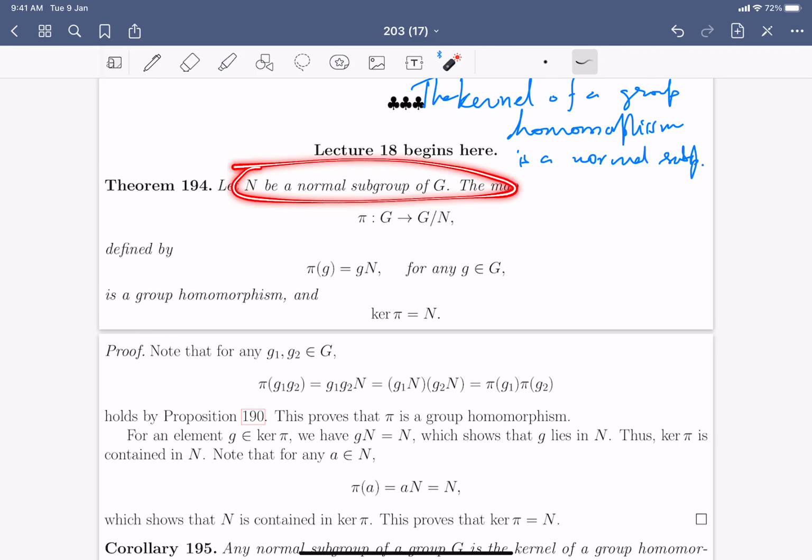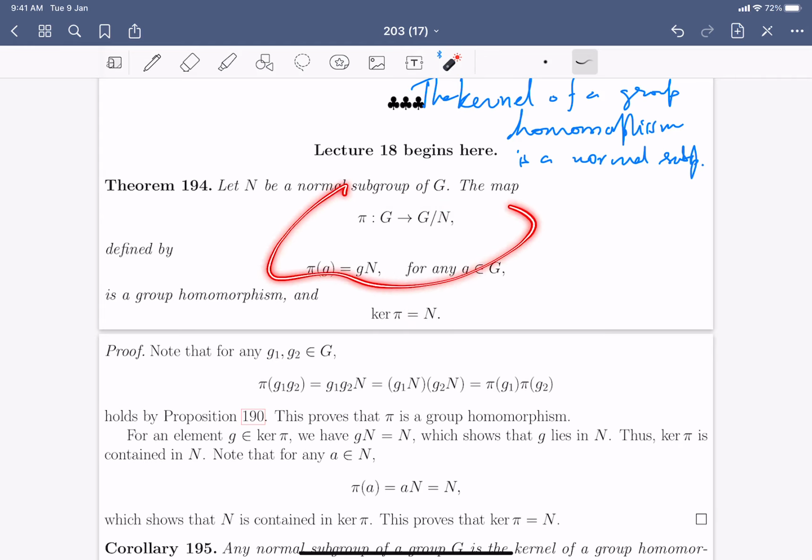You start with a normal subgroup N of a group G, and then from G to G mod N you define a group homomorphism. We have to first define a map, and then the next task would be to show that this is a group homomorphism. Then the theorem states that the kernel of this group homomorphism is equal to the normal subgroup of G that you started with. Now let's focus on the definition of this map pi.